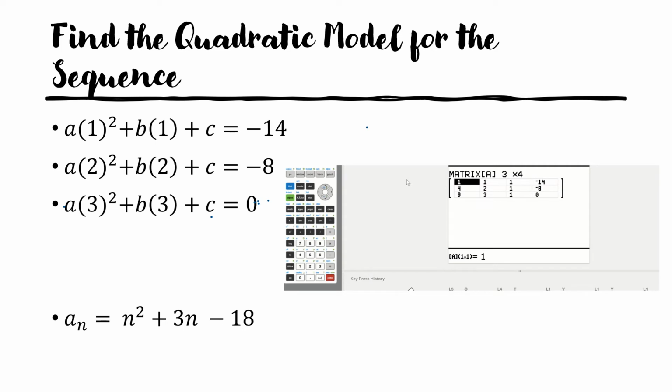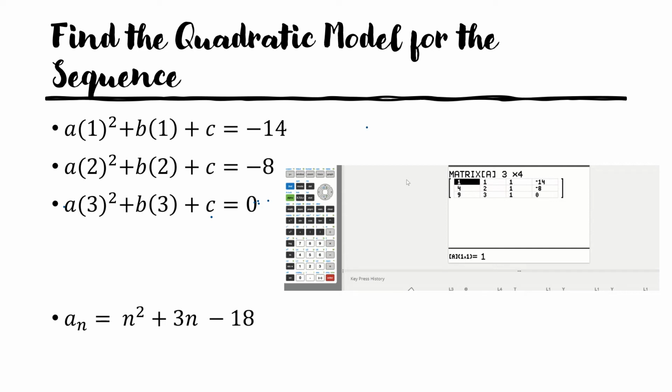Well, you can see over on the left, I went ahead and put our 3 equations, 3 variables. A times 1 squared plus B times 1 plus C equals negative 14. A times 2 squared plus B times 2 plus 1C equals negative 8.